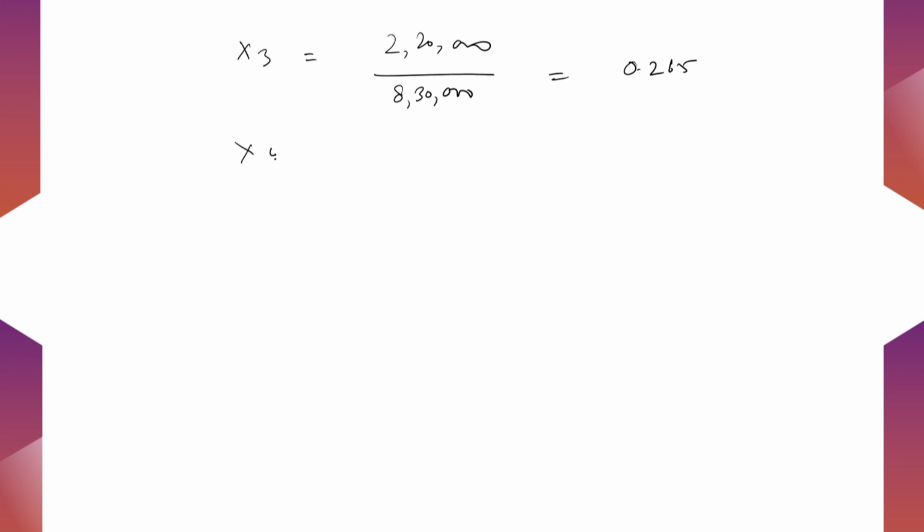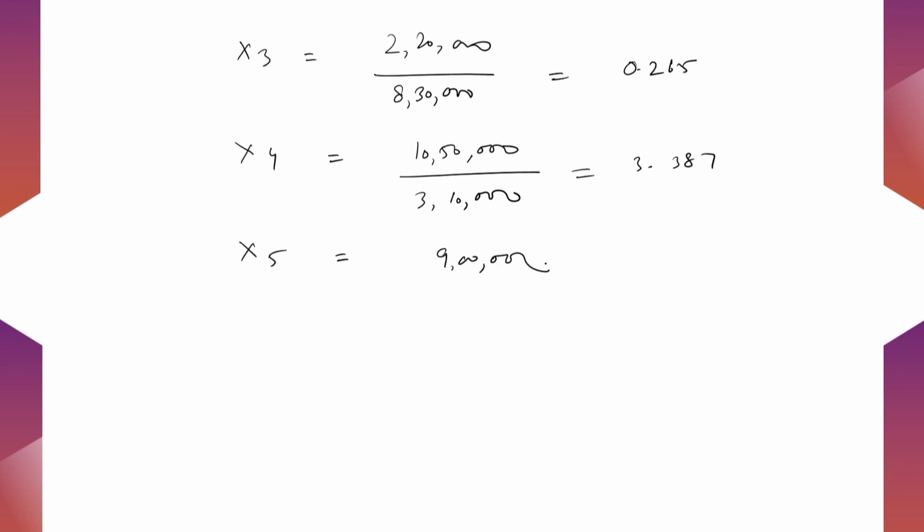Then the fourth component x4, which is market value of equity divided by the total outsiders' liability. We just computed the market value of equity, 10,50,000, and the outsider liabilities were 3,10,000. So it would be 3.387. The last component is x5, which is sales upon total assets. In the question we have total sales of 9 lakh divided by total assets of 8,30,000. So this will be 1.084.